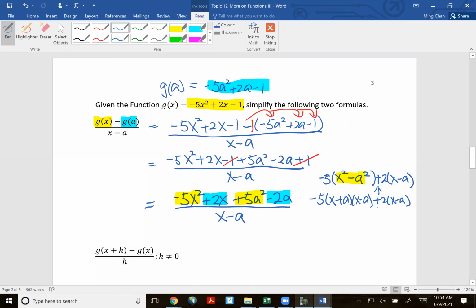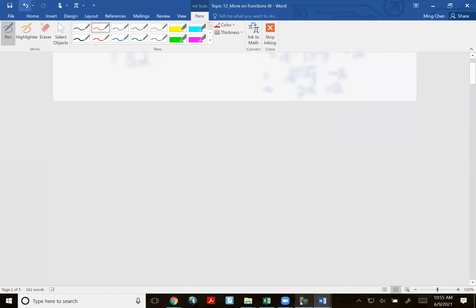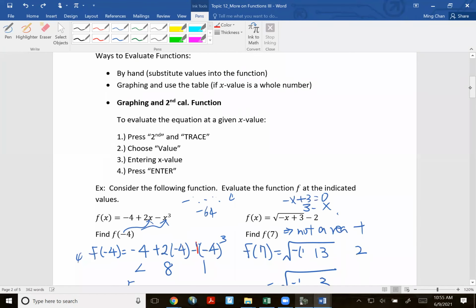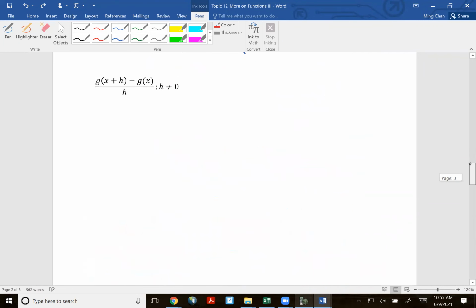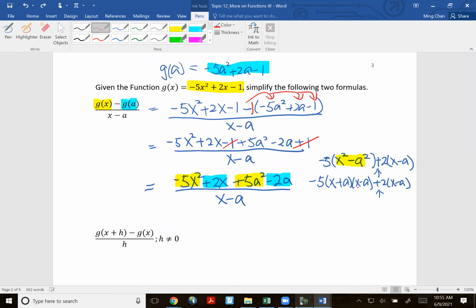All right, I'm still having 2 terms. So now what's inside the parentheses matched. The x minus a matched. So that's my greatest common factor. So once I factor out the greatest common factor, what's left for my first term? Go in the second parenthesis, right?